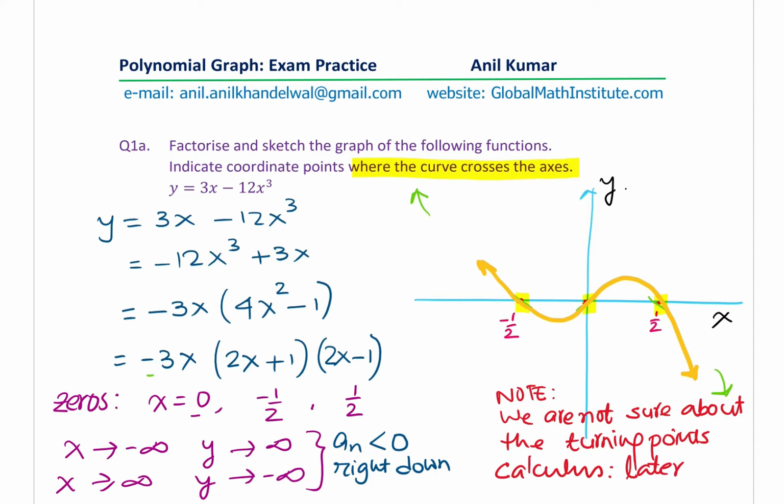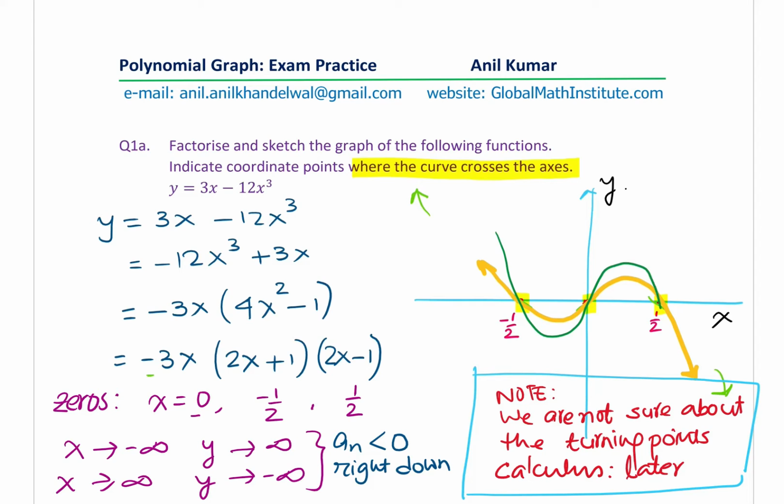For now, we are restricting ourselves to the condition that x-intercepts are accurate, y-intercepts are accurate, but not the turning points. So I could have also sketched this graph, for example, in this fashion. That will also be correct. We are using only the intercepts to sketch our curve at present.